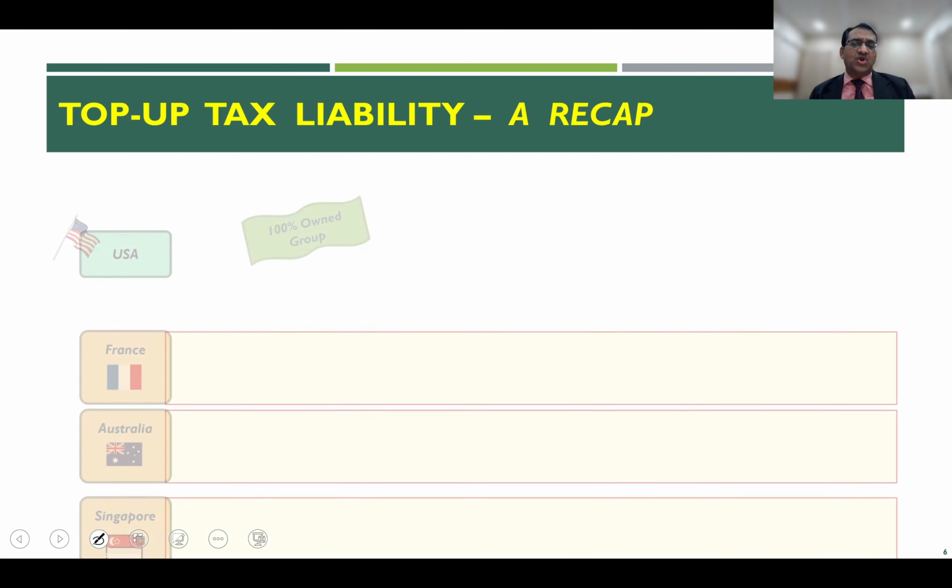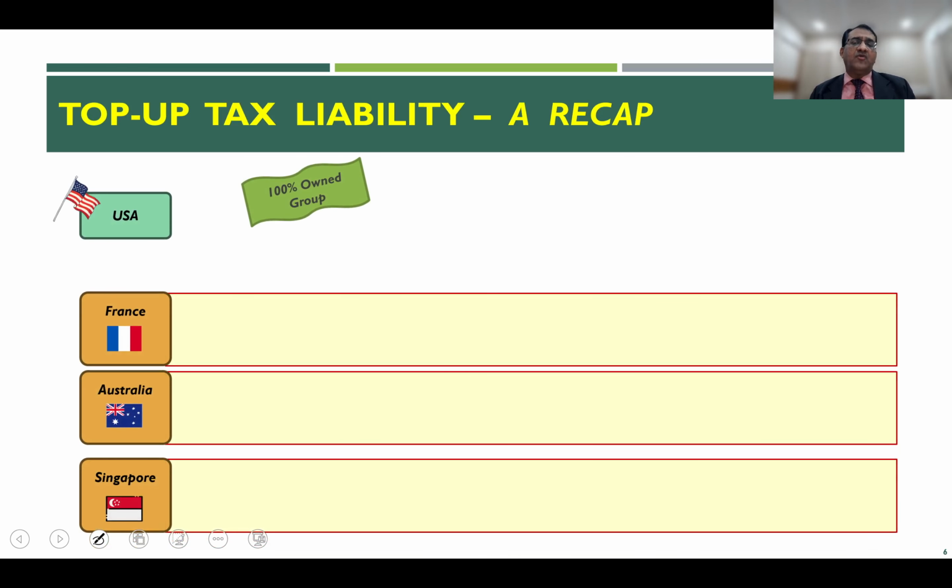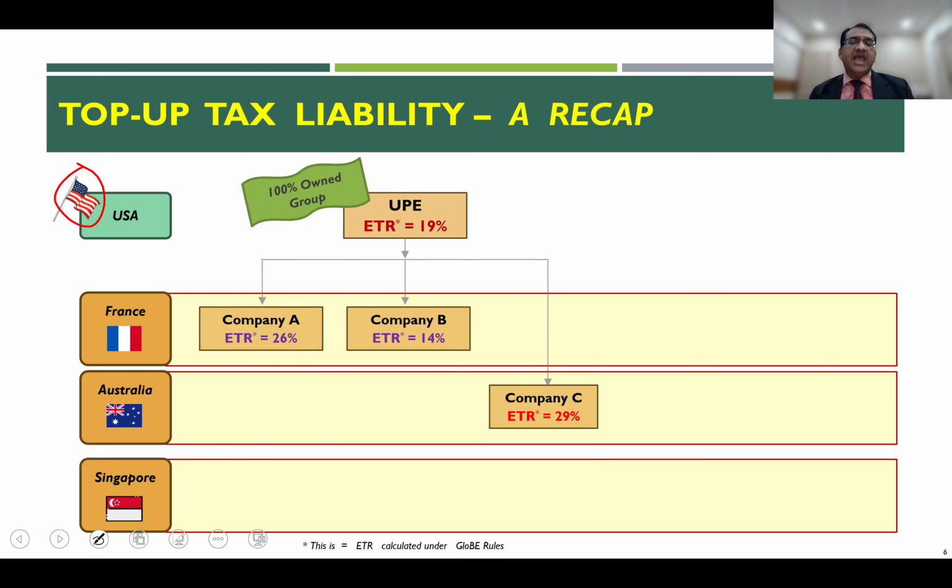Now assume that you have a scenario where there is a 100% owned group. The ultimate parent company is in the US. This ultimate parent entity has an effective tax rate of 19%, and assume that it has 3 direct subsidiaries. 2 of them, company A and company B, are based out of France.